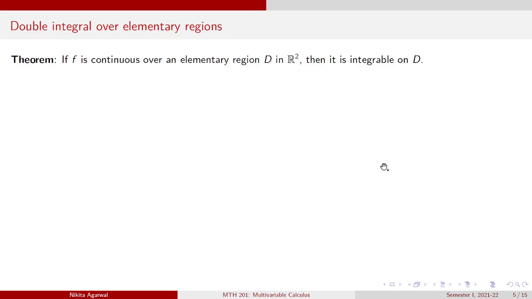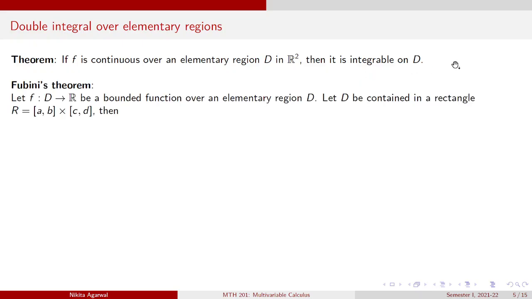It says that if you have a continuous function over an elementary region D in R2, then it is integrable on D, and we have Fubini's theorem in this case. Remember we did Fubini's theorem for a rectangle in the last lecture.